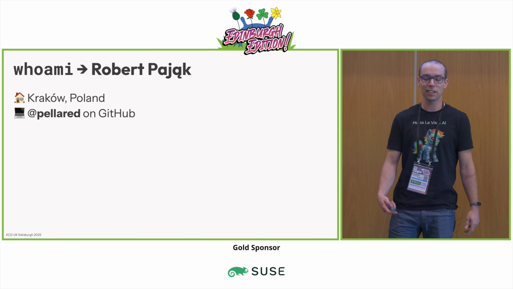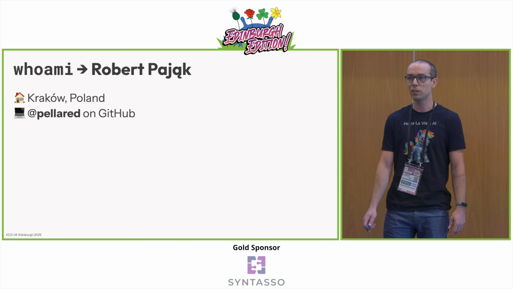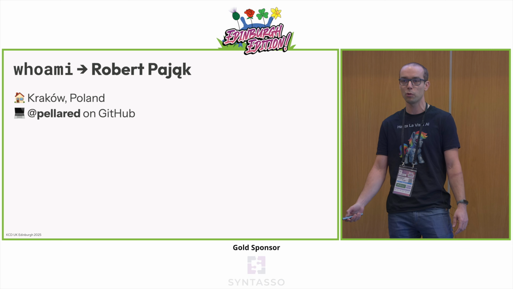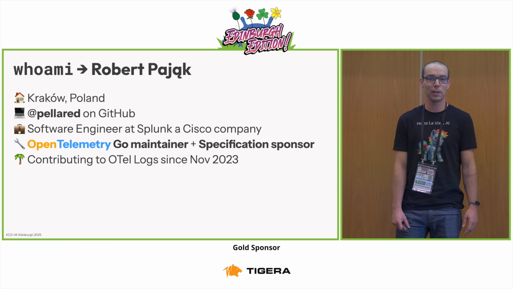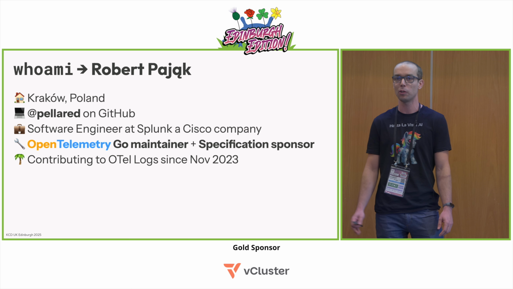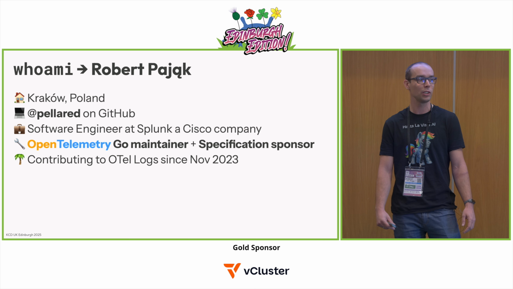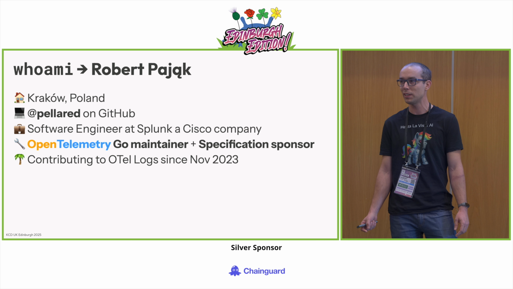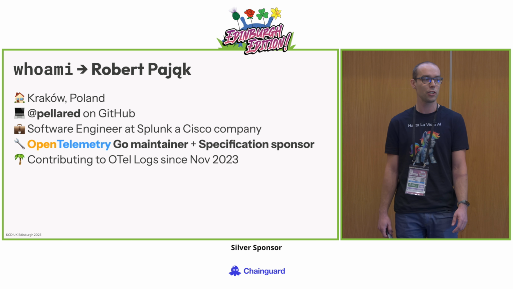My handle on GitHub is Pellared. I'm contributing a lot in open source, in OpenTelemetry, so you can find me creating pull requests and issues. I work at Splunk, which is a Cisco company right now, similar to Isovalent, and is paying me to do open source. I'm mainly an OpenTelemetry Go maintainer, but also a specification sponsor.